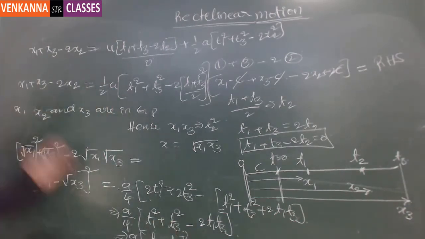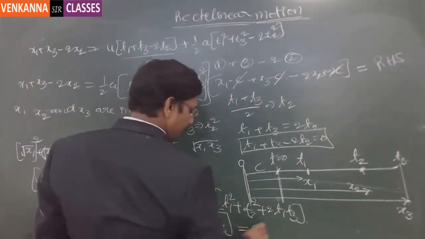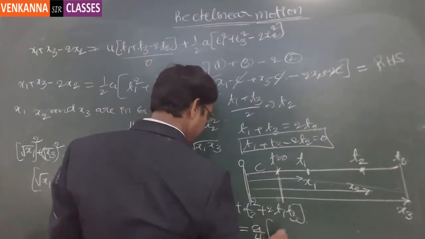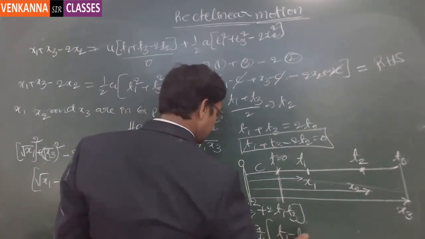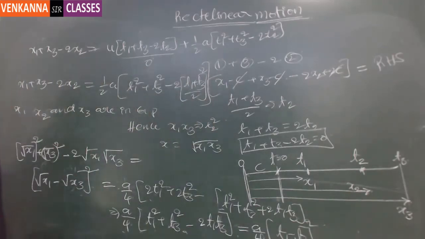You note down till this point, we are going to erase and then write it. I'll write this here: a by 4 times (t1 minus t3) whole square. Got it? Done?